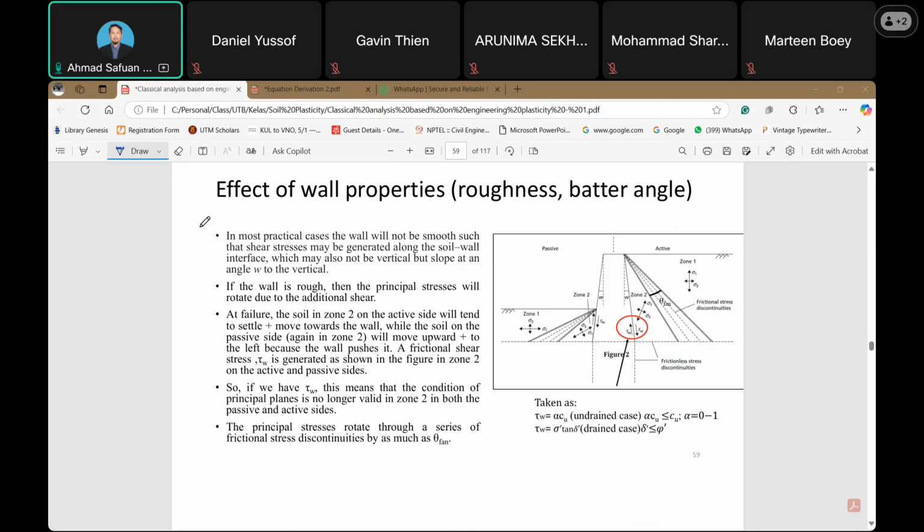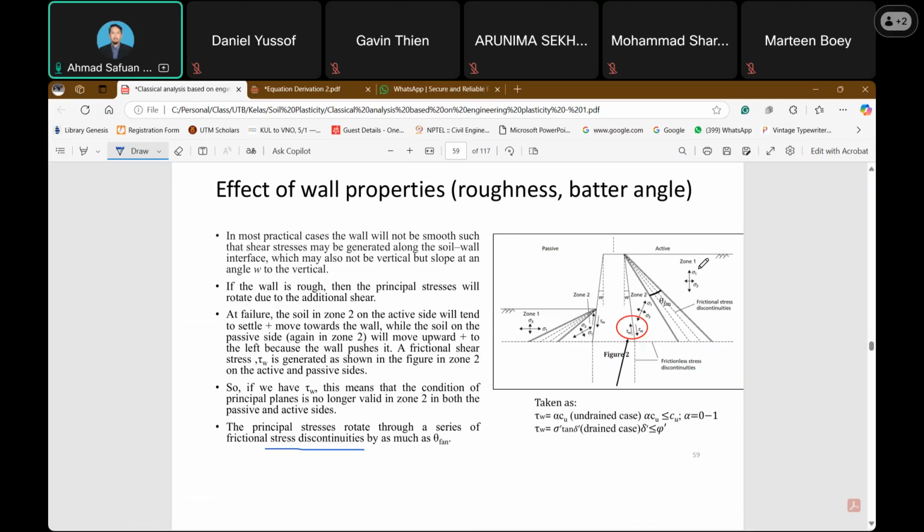So there is a stress discontinuity approach, because the wall is rough, so the stress plane or the principal stress plane will move, as shown in this diagram.